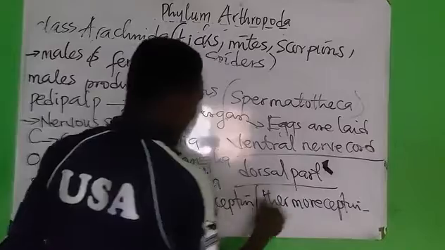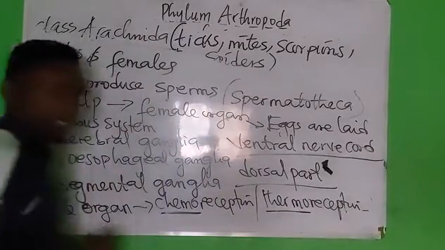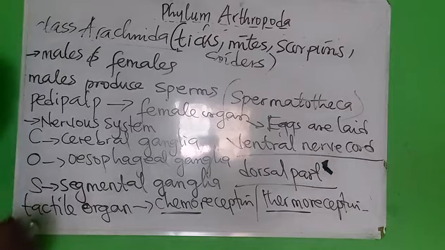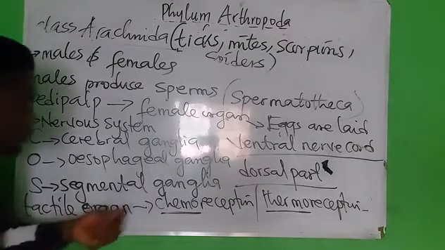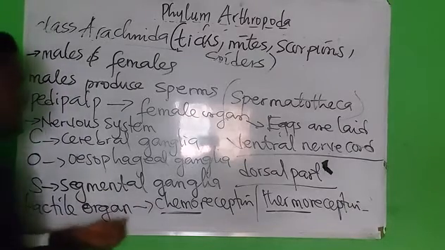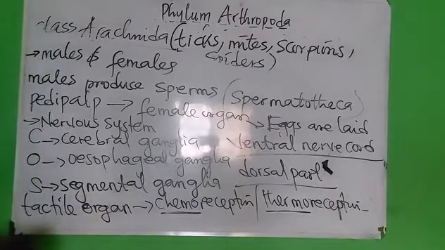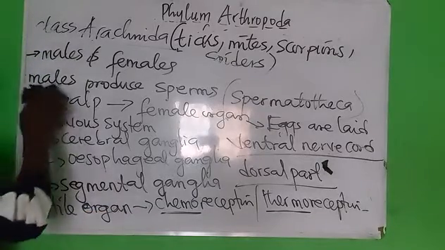Which means they are sensitive to chemicals and to temperature or heat. The pair of organs that act as chemoreception and thermoreception in spiders are called tactile organs.